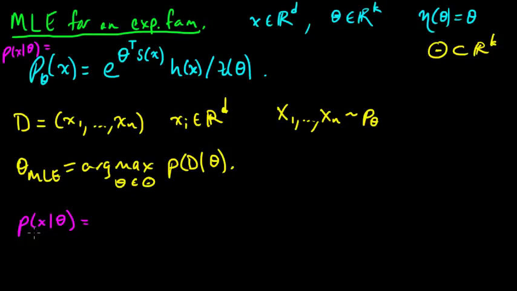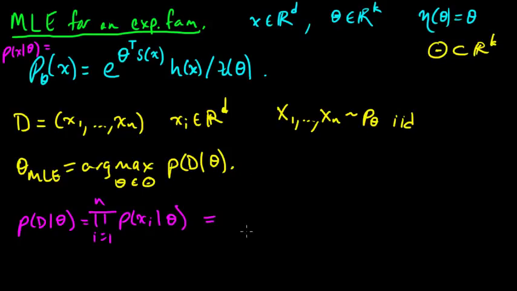Let's go ahead and compute the probability of our data under some theta. And as usual, I should have mentioned, these x's are IID. So this factors as the product, as usual in this type of MLE calculation. The product of these, and what's that?